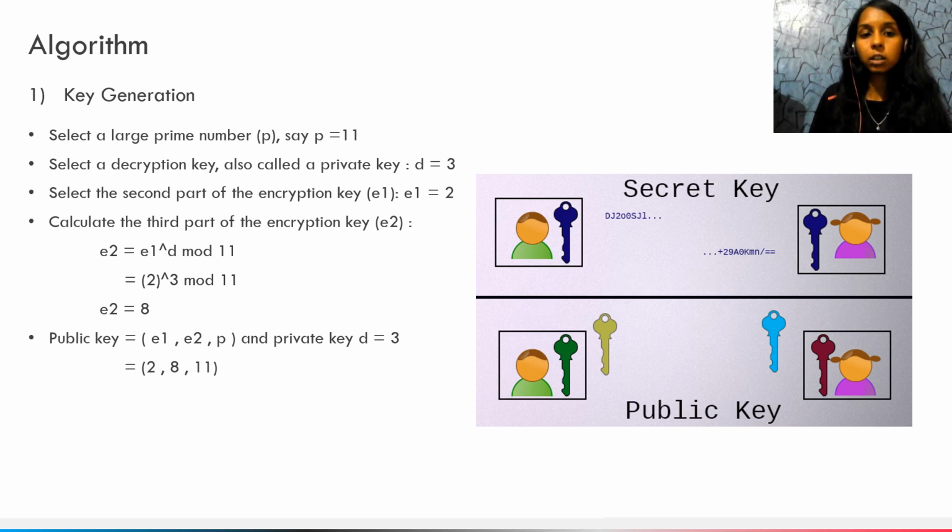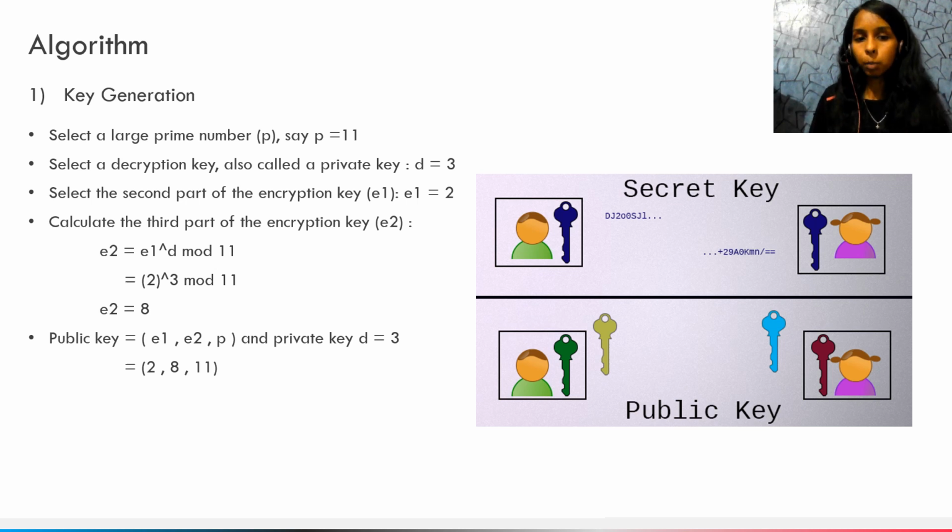Then we calculate the third part of the encryption key, E2, with the formula E1 to the power D mod 11. When we use the values in the formula, we get E2 as 8.